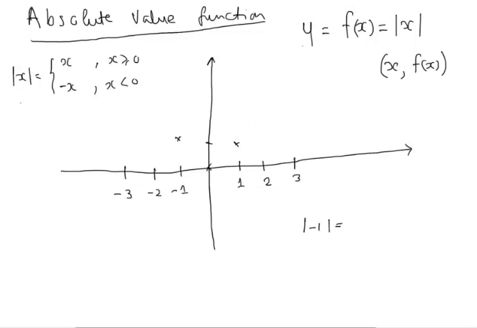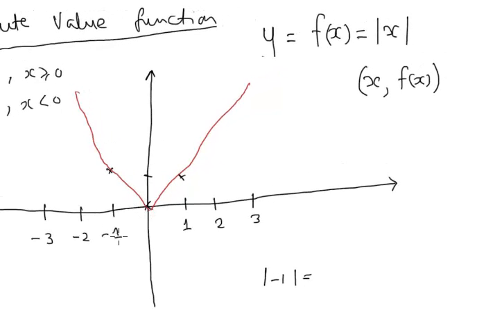Then the graph is going to look like a beautiful what? Capital letter V. Something like that, isn't it? Sorry for that sketch, but I think we'll make sense of what happened, isn't it? So that graph is symmetric.